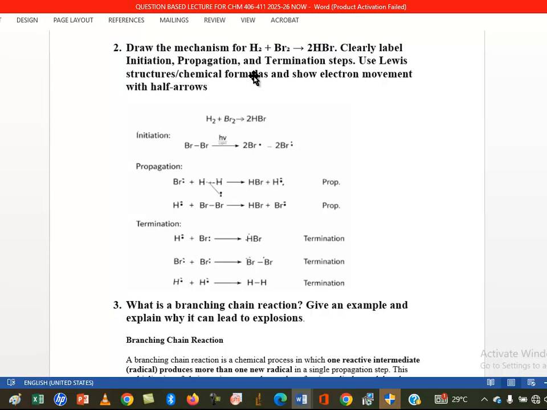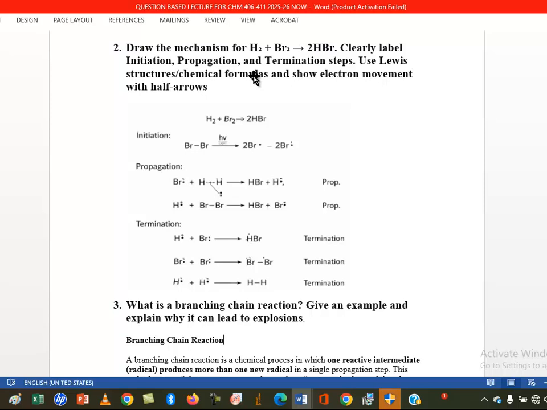Then you have the Br radical plus H plus H, the 2H, so you have H and H. There'll be a transfer of electrons, that's why you have the electrons here. For this to occur, this H will become the more positive one relative to the other H, and that is why the electron moves.